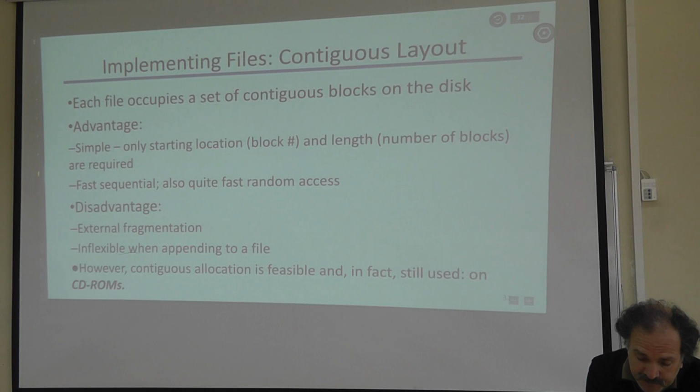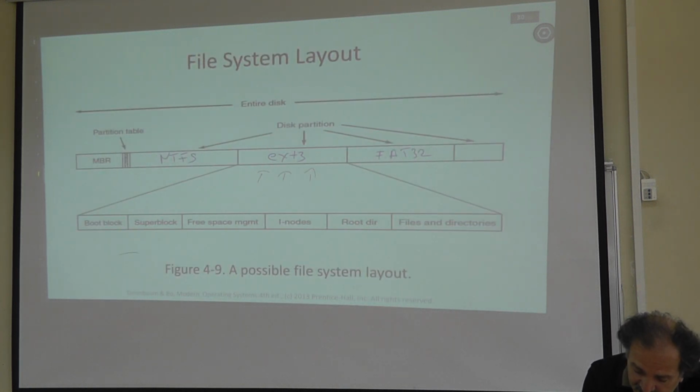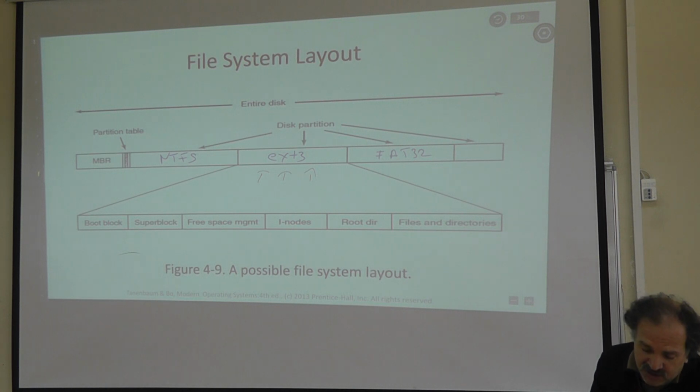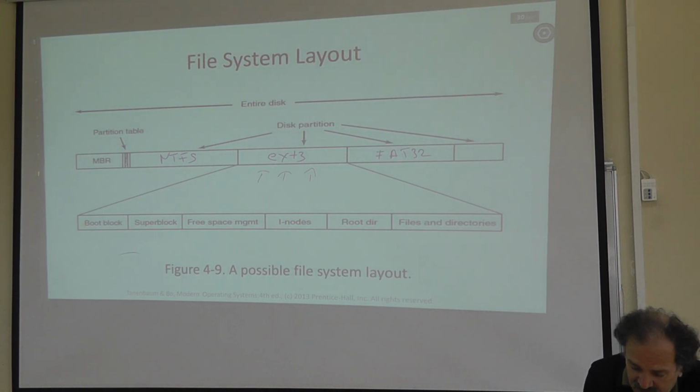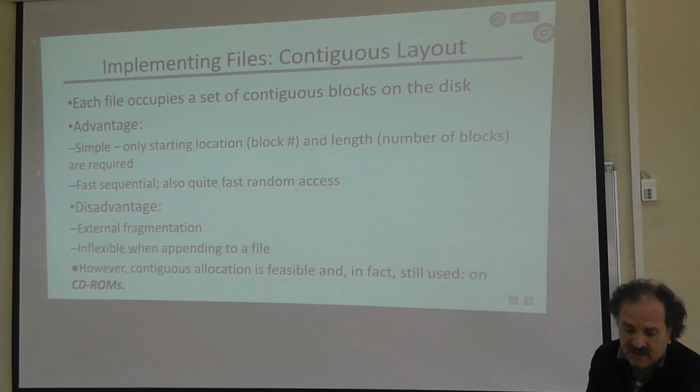Okay, so let's look at the file and directory structure inside each disk partition. How do I keep my files on the disk, and how do I keep them organized? Implementing the files. The first and very simple one is the contiguous layout.